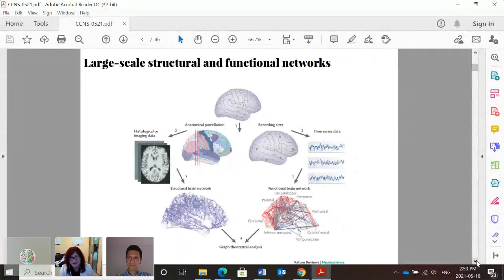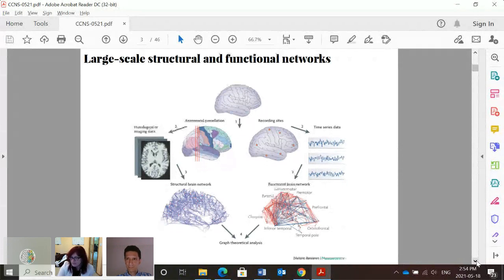And on the right-hand side, you're seeing the path to create functional networks. You would have recording sites, e.g. from fMRI or EEG, which then results in time series data. You can correlate these time series and end up with these functional networks where edges are now co-activations between regions, correlations between activity levels of each region. Next slide.